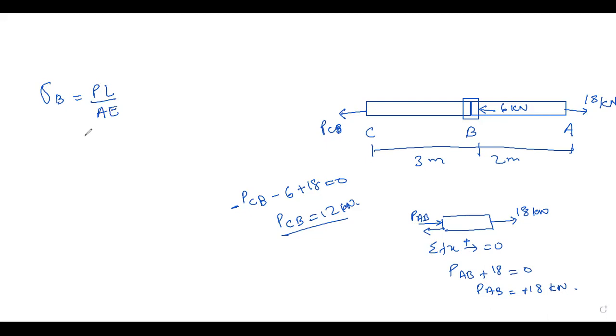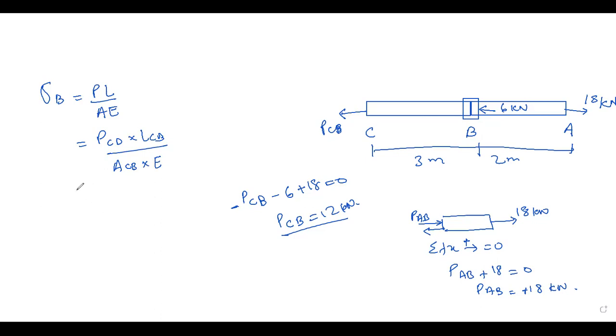At point B, the deflection is due to the force of member PCB. So we will consider only PCB, length of CB, divided by area of CB, and E, that is the modulus of elasticity.